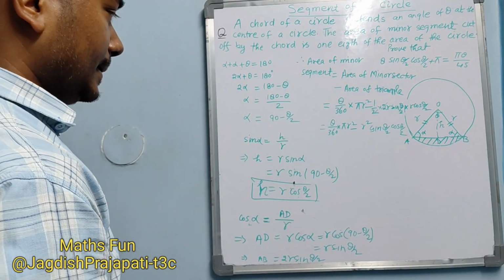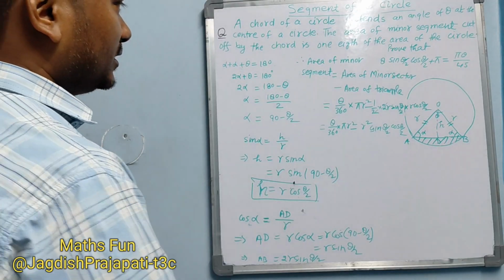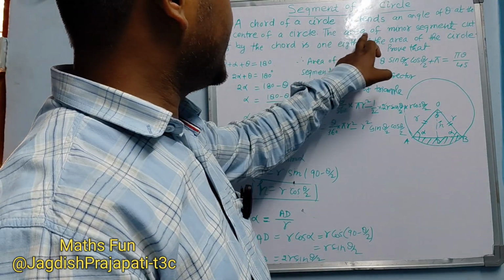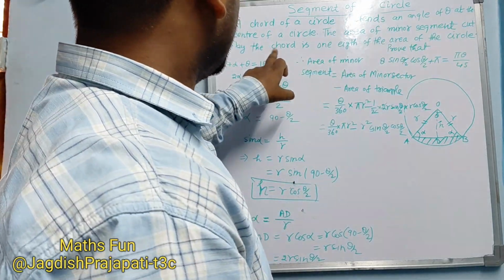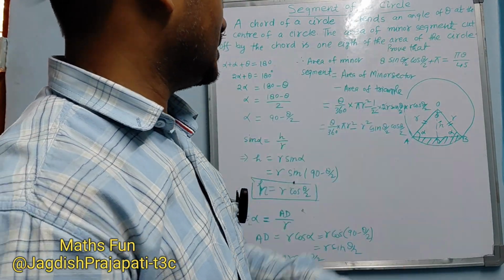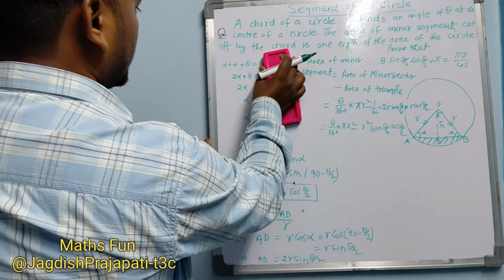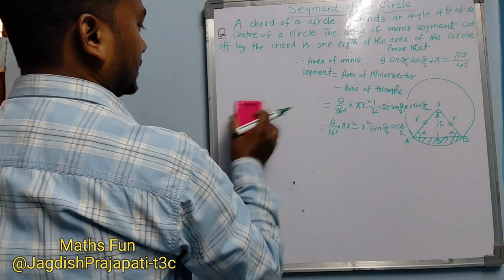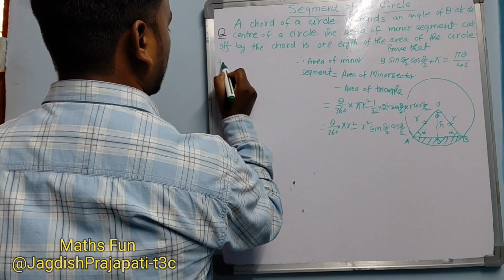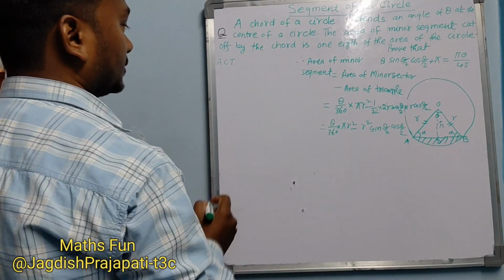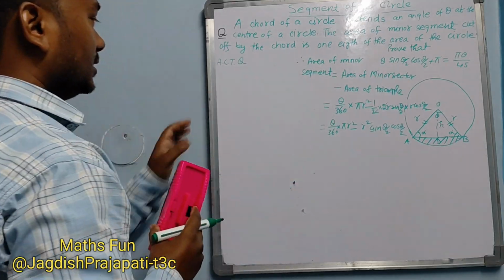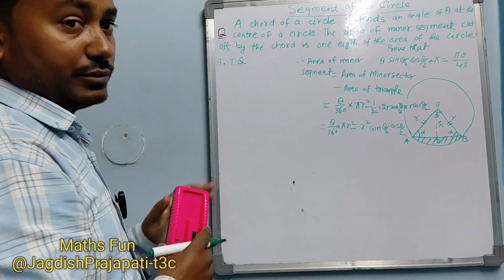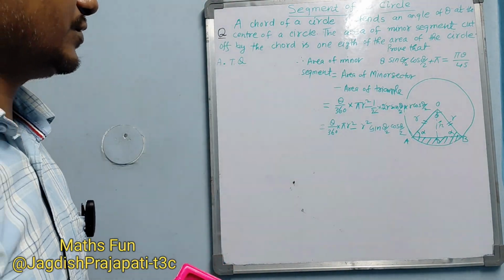Okay, so this is the area of the minor segment, and in the question it is given that the area of minor segment is 1/8 of the area of the circle. Okay, so according to question, ATQ, you can write like ATQ, according to question.